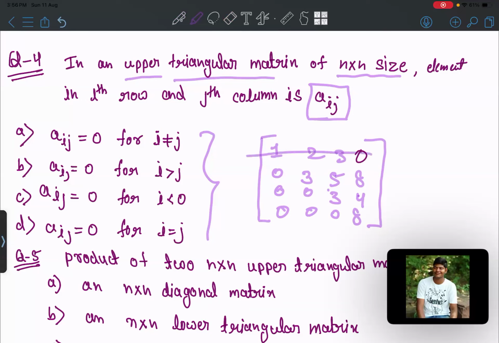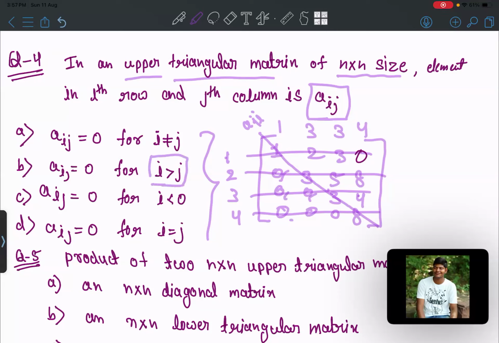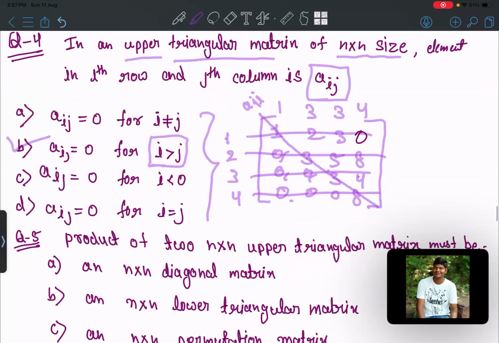This is my ith row: first, second, third, fourth row, and this is my first, second, third, fourth column. The diagonal terms are a i i. If i is greater than j, that is, if the row is greater than the column, the term is 0. So this will be my answer.